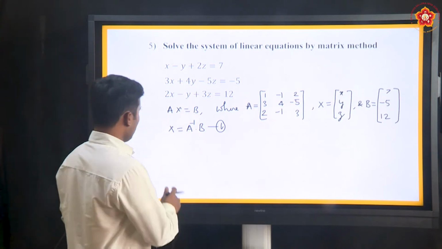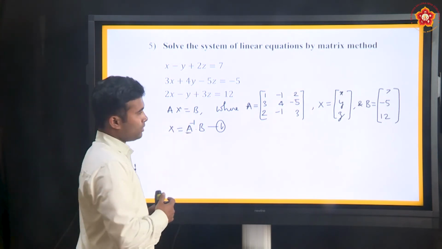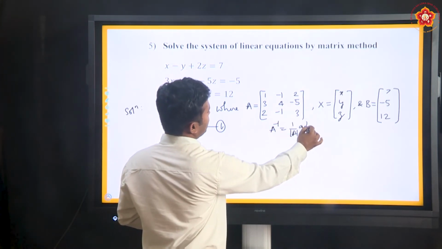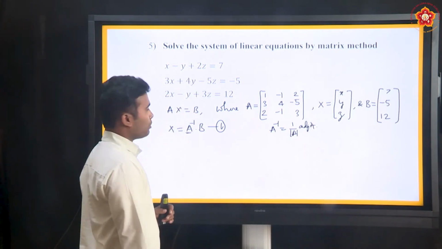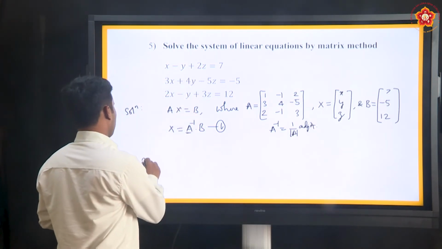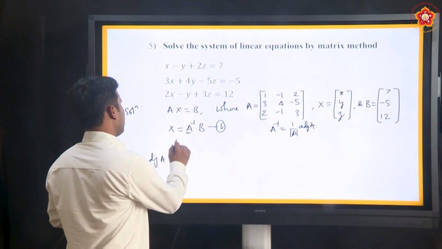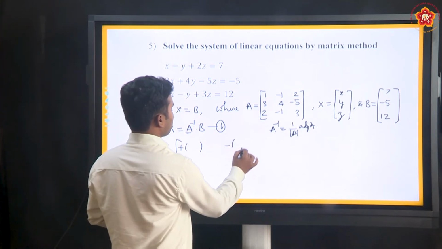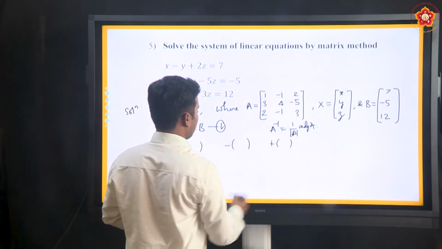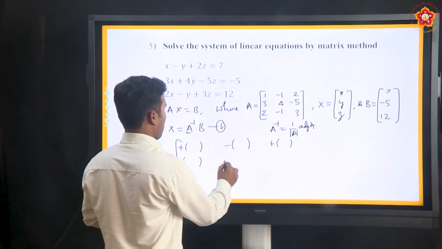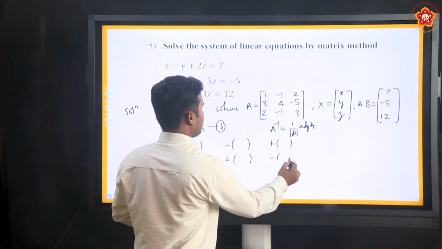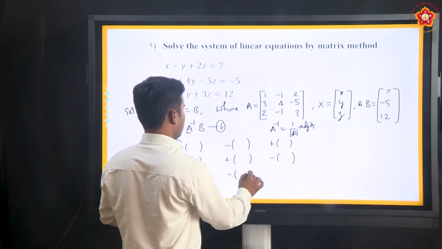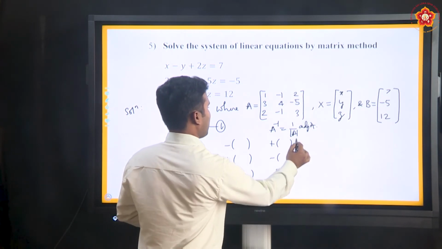Now, we have to find A inverse. As you all know, A inverse is 1 by determinant of A into adjoint of A. This is what we have to find now. For that we have to find the adjoint of A. You are familiar with finding the adjoint of A: plus, minus, plus, and here minus, plus, minus, and here plus, minus, plus, and take the transpose.